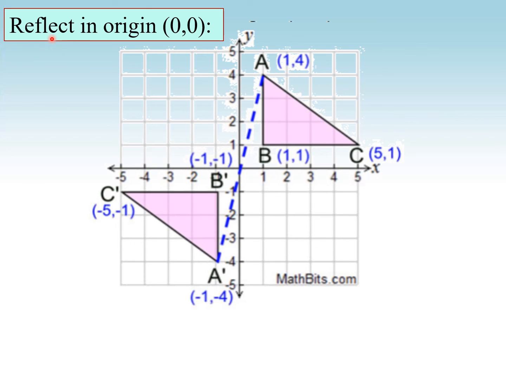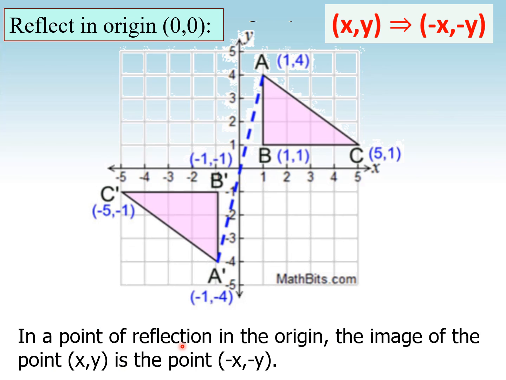Now, the last one, reflect in the origin at (0, 0). In here, there is a pattern that you need to remember. From your original coordinates (x, y), it will become the opposite of your x and the opposite of your y, so (-x, -y). In a reflection in the origin, the image of the point (x, y) is the point (-x, -y).